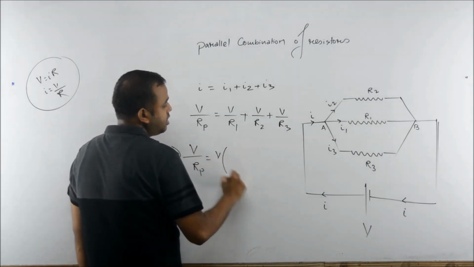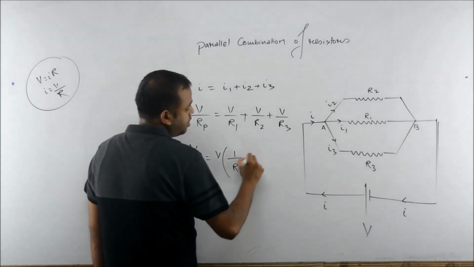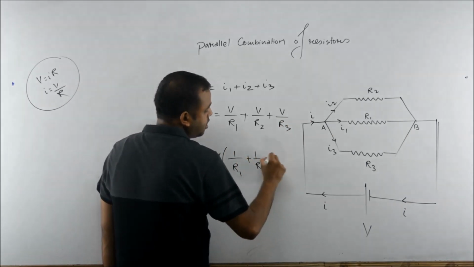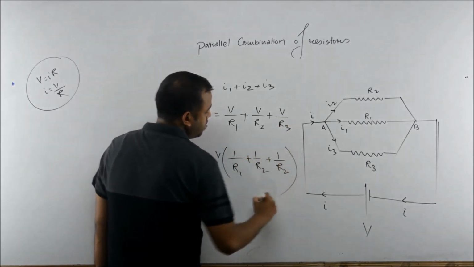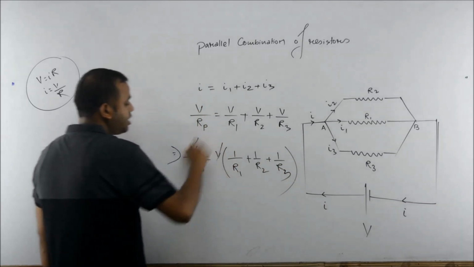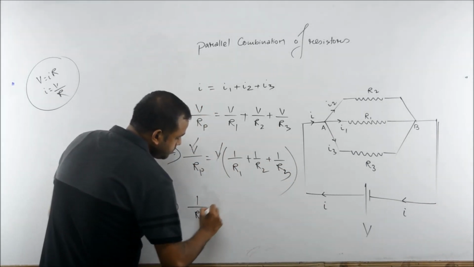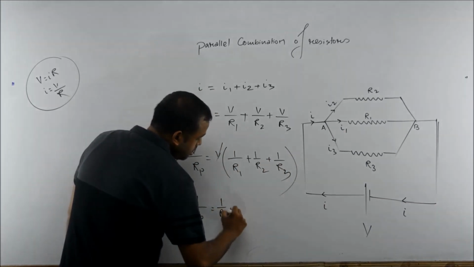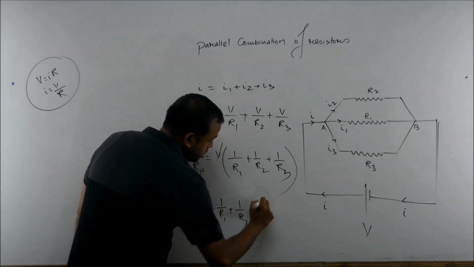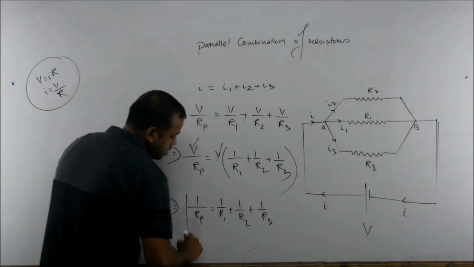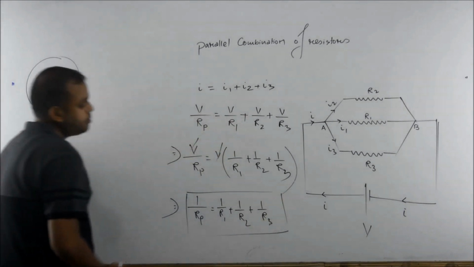Now you can take V common. So V got cancelled out, and you get the relation 1 by RP equals 1 by R1 plus 1 by R2 plus 1 by R3. This is the relation that you need to remember. What is RP?